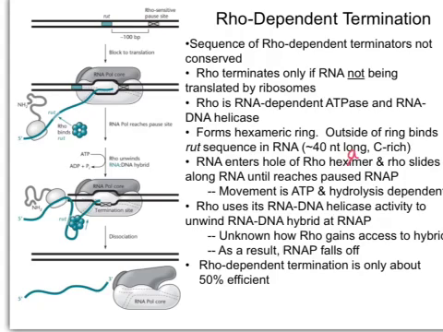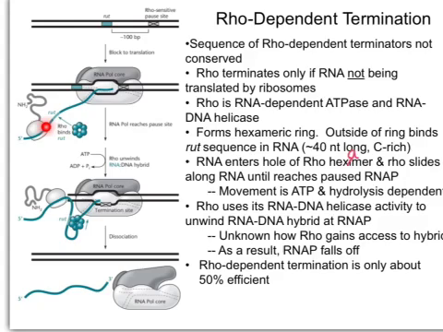And it's this pause site that causes RNA polymerase to pause and then causes Rho to unwind the DNA-RNA hybrid. So Rho terminates only if RNA is not being translated by ribosomes.